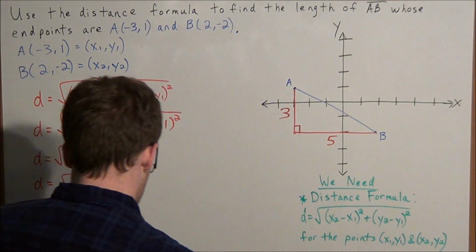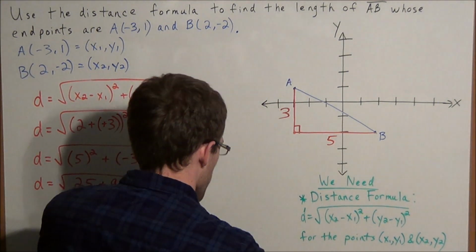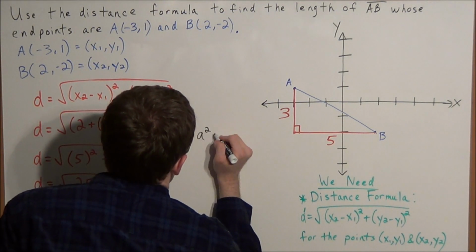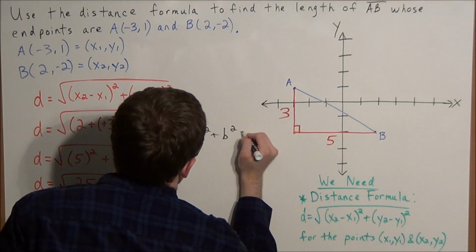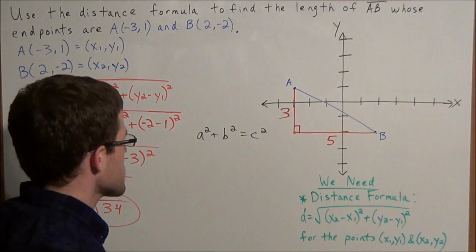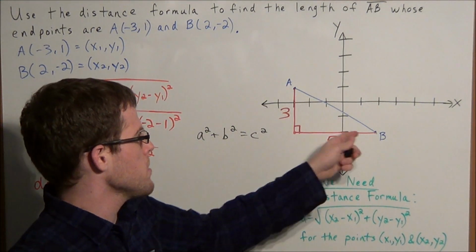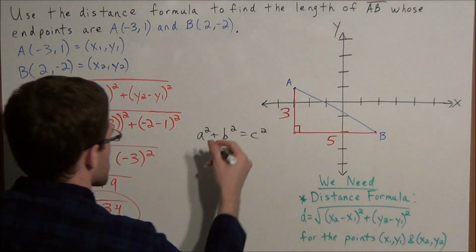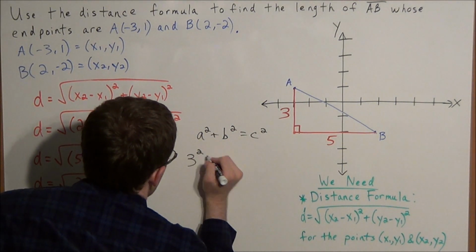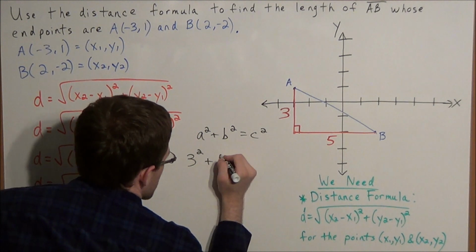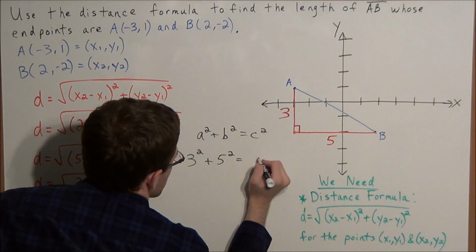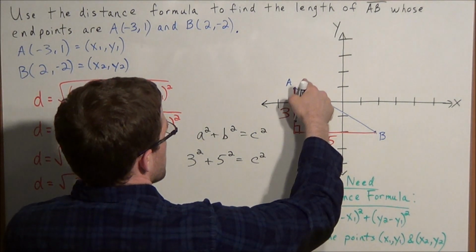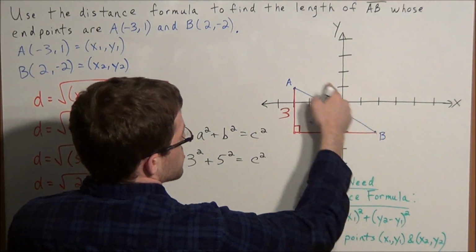So using the Pythagorean Theorem, we would have a squared plus b squared equals c squared. The length of line segment AB would be the hypotenuse, or the c squared value. So we could substitute 3 squared plus 5 squared is equal to c squared, where c squared is going to equal the length of AB squared.